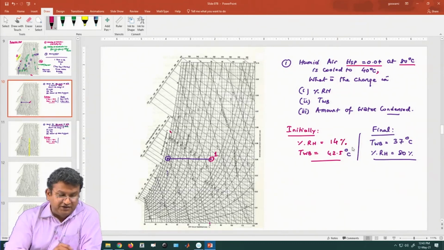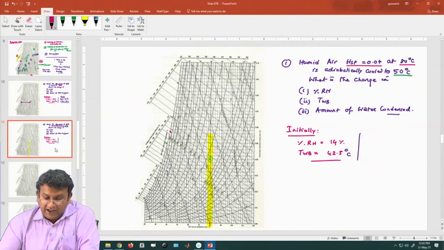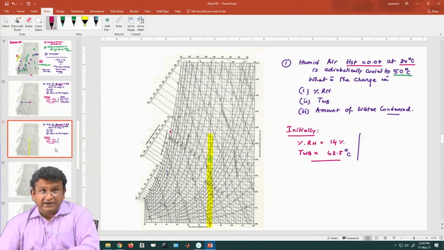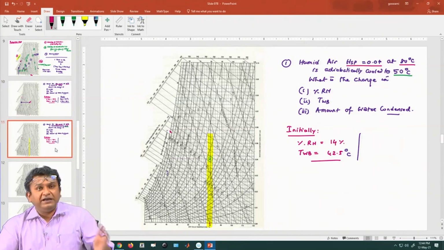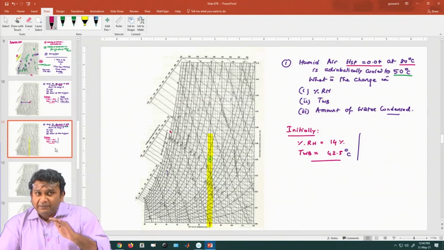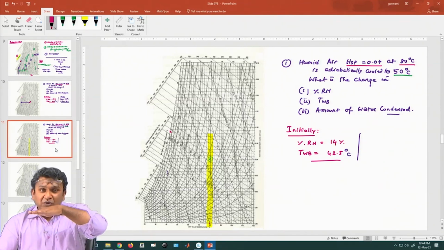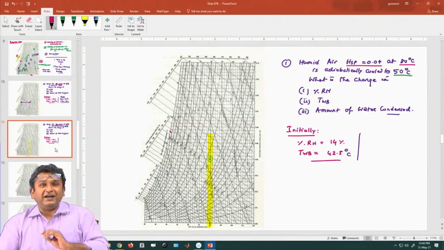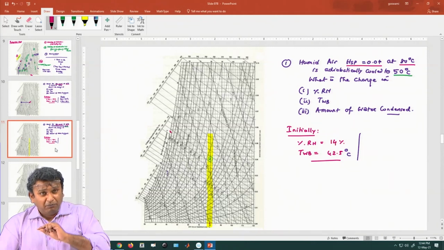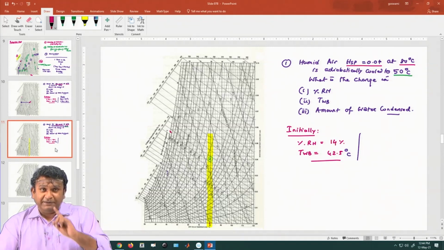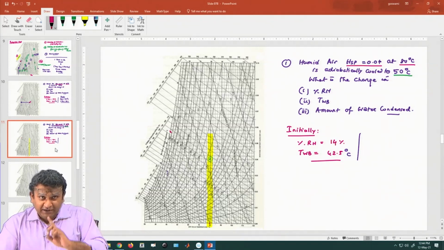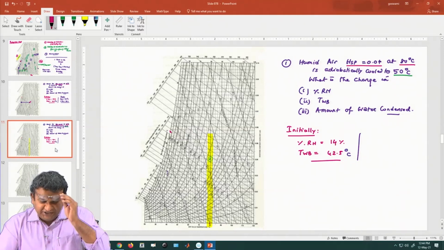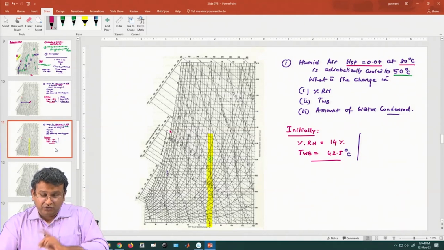So, this is the initial condition over here, and now it says that it is cooled adiabatically. Any idea what you mean by cooled adiabatically? That means that instead of the cooling line following horizontally, the cooling line will now follow the wet bulb line, because the wet bulb temperature is achieved under adiabatic condition, you know that.